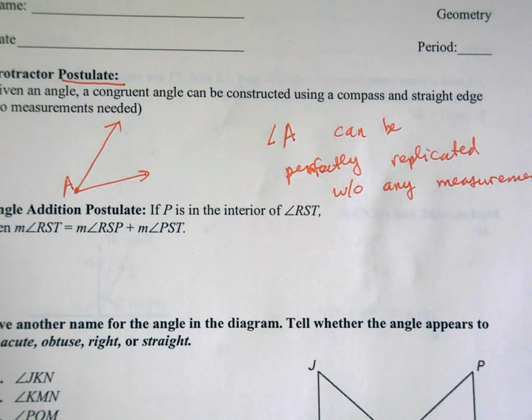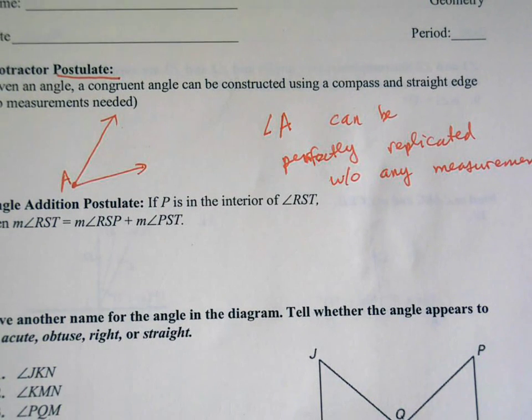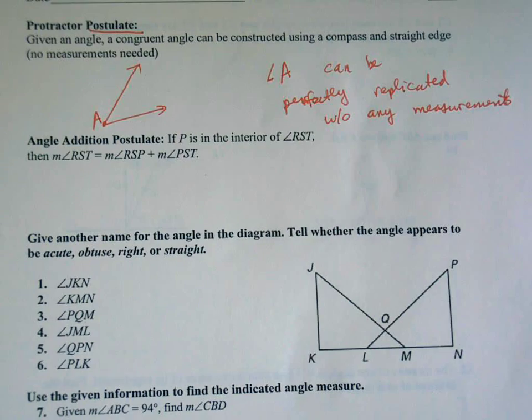And we'll go into this a little bit in detail later on as to how we actually do that. But for now, what the postulate says is that it can be done.